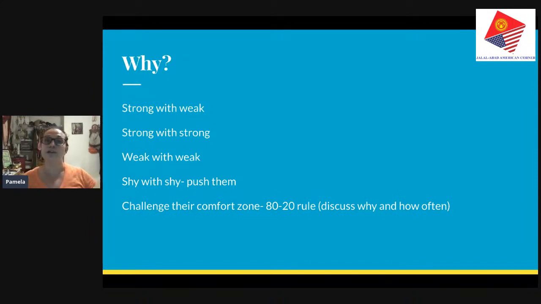But if they're both weaker and both curious and not quite as familiar with the levels and with what is being asked of them, then they will push each other, and they will have the opportunity to really find out what the answers are and what they are supposed to do and what the structures are of the phrases and grammar structures and everything. So that's also a good thing to do.